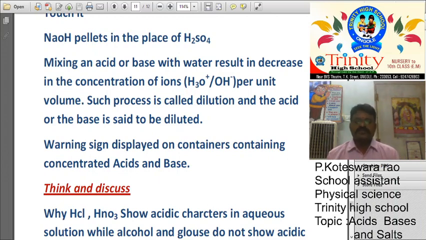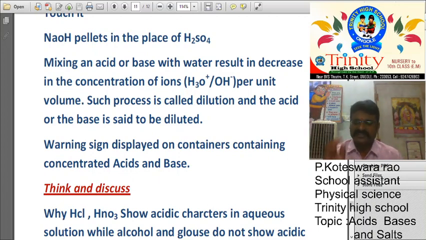Okay. Sometimes water may be added to acid or base. For that condition, what do we take? For example, I take here in the test tube concentrated H2SO4 or NaOH pellets. Now I want to add water. If I add water, what happens?